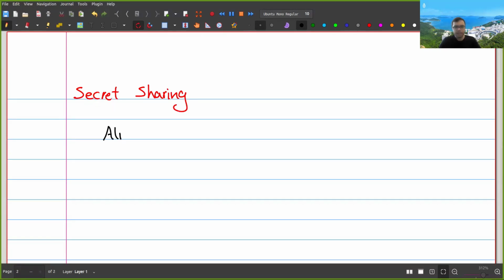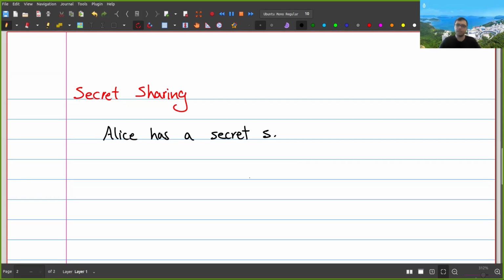Suppose that Alice has a secret, and let's call this secret S. Again, in this course, whenever I'm talking about any variable and I don't talk about the type of the variable, you can think of it as a sequence of bits, which can be considered a number. It can be considered a string. So this S is a number or a string. It's up to you how you look at it. So let's say Alice has a secret S.